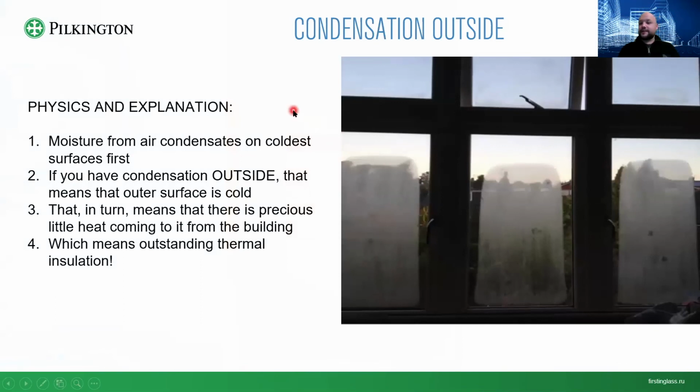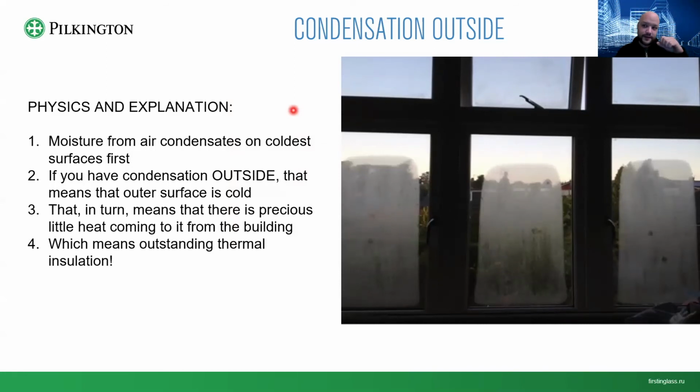So here is the condensation on the outer glass. If the customer complains about this, it is easily explainable. First, you say, okay, dear customer, you have condensation on the outer pane, yes? As you know, water from the air first condenses on the coldest surfaces. If you have condensation on the outside of your IG unit, on the outer glass, that means it was very cold.